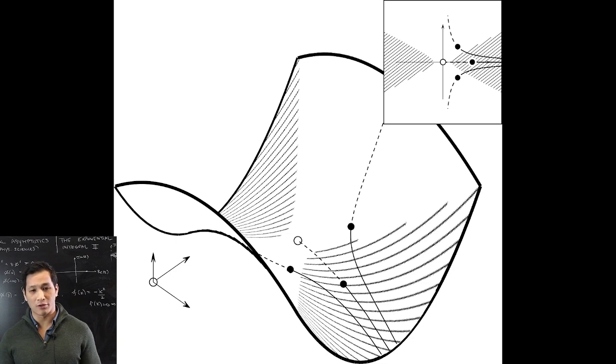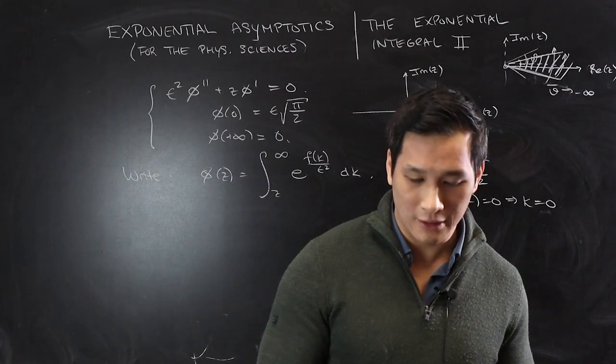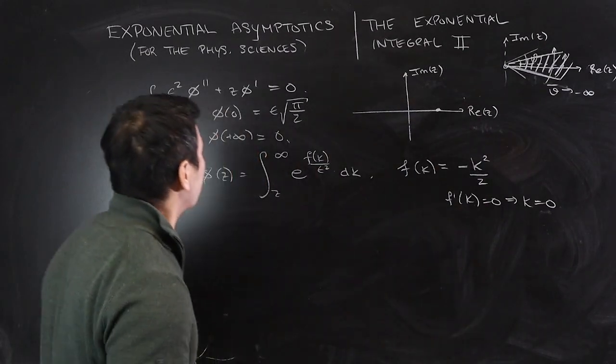And you want to do so following lines of steepest descent or ascent, at which point you can isolate what are the key contributions to the integral. Okay, and in the picture, the hatched regions that you're seeing are basically valleys where the integrand is small. So you essentially need to always land in a valley because otherwise your integral is not defined. Okay, so let me plot that again for you here.